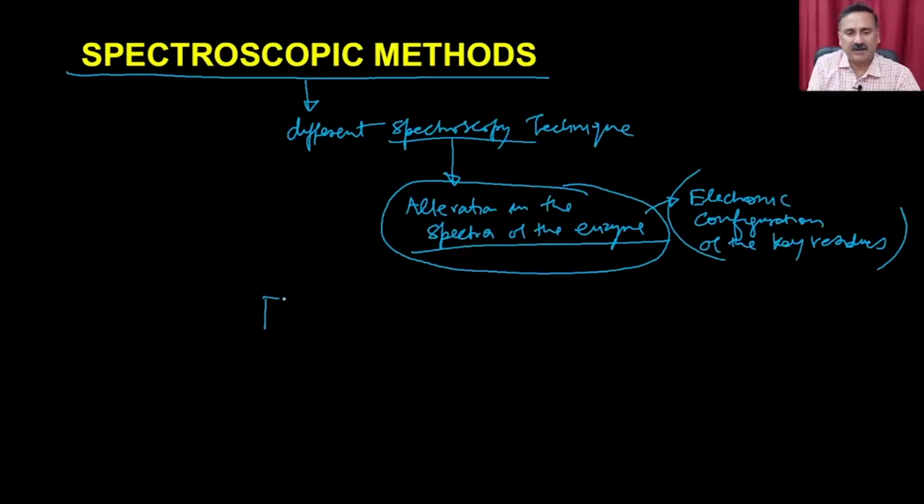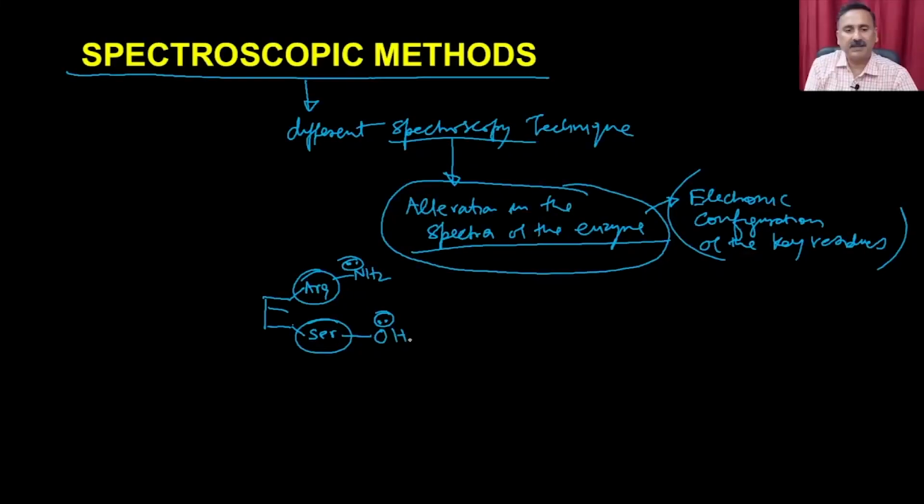Suppose you have an enzyme, and it has an arginine amino acid at the active site, or suppose it has a serine at the active site, and so on. Serine contains the hydroxyl group, which contains a lone pair of electrons, whereas arginine also contains the amino group, and that also contains a lone pair of electrons. And these lone pairs of electrons sometimes get delocalized or interact with the substrate, and that's how they are going to show you a change in the spectra.